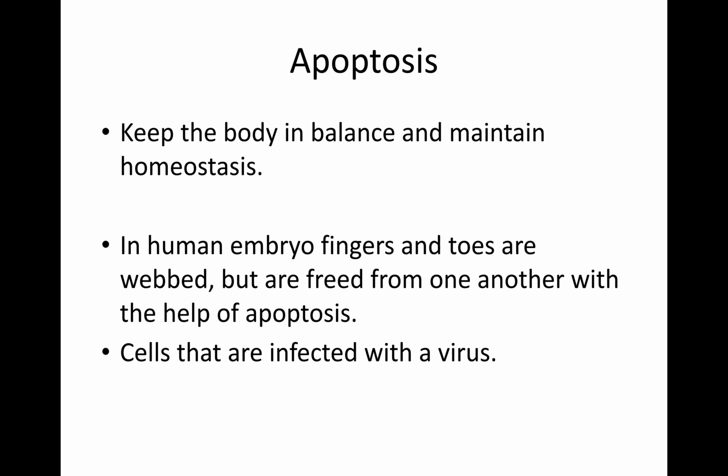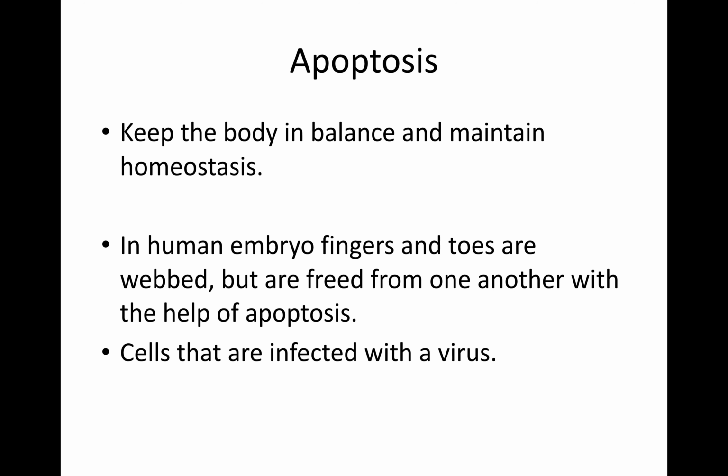So apoptosis keeps the body in balance, and it maintains homeostasis. If we didn't have apoptosis, our bodies couldn't function. In human embryos, fingers and toes are originally webbed like a duck, but when most babies are born, their fingers and toes aren't webbed anymore because of apoptosis.